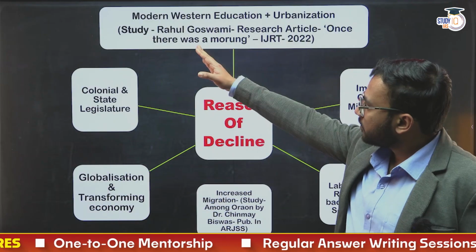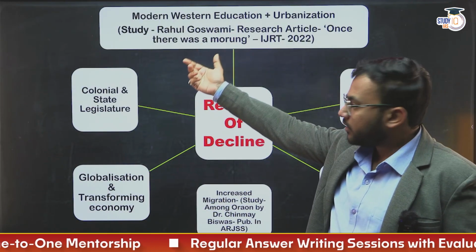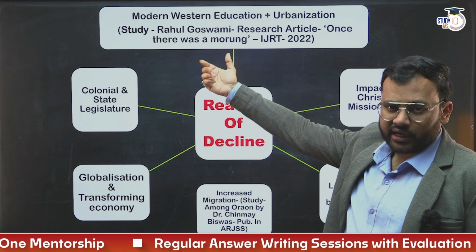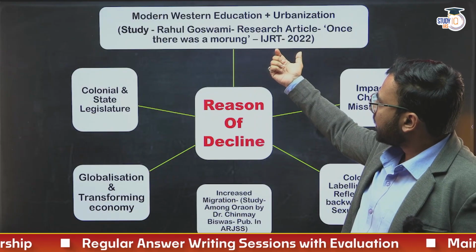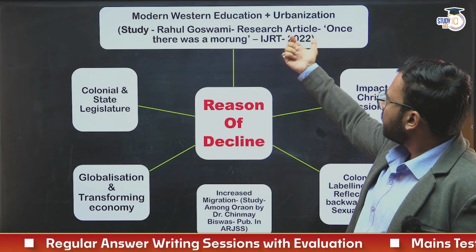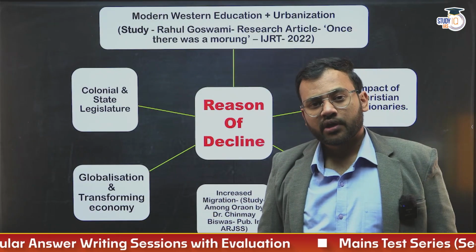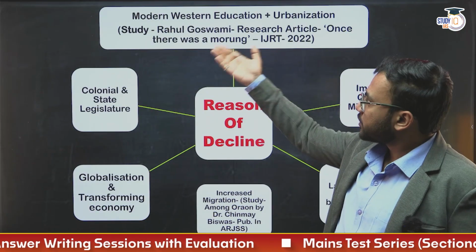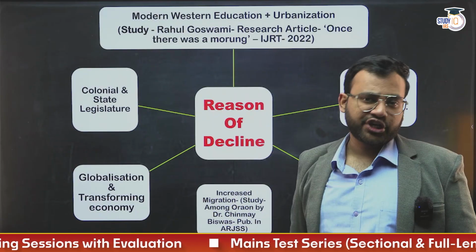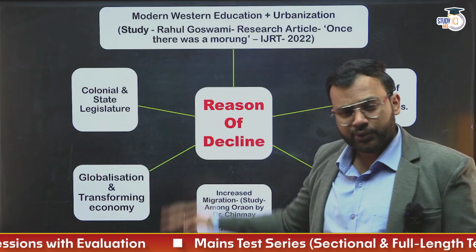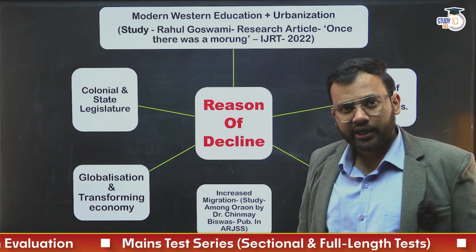So there's a study published by an author called Rahul Goswami. It is a research article published in the journal IJRT in 2022, and the title of this research article is Once There Was a Morung. He has highlighted how Western education, urbanization, and these allied forces of change are major culprits resulting in the decline of youth dormitories, specifically in northeastern India.